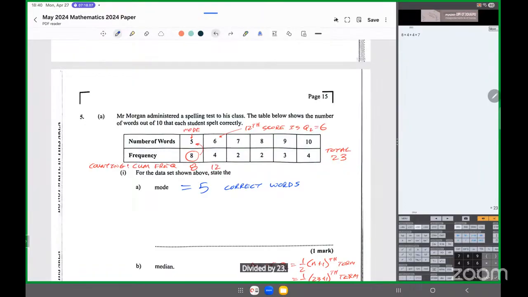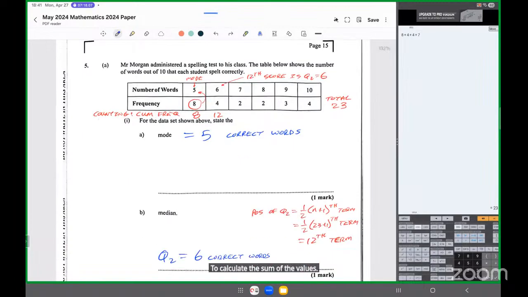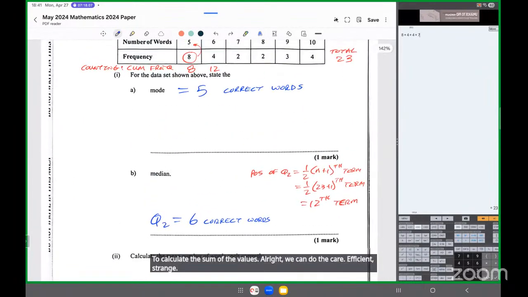But I understand that rough calculation, based on how they give us a table. Unless you put in an fx row in this case, because the values are in a row, not in a table. You put in an fx row to calculate the sum of the values. We can do the calculation straight.